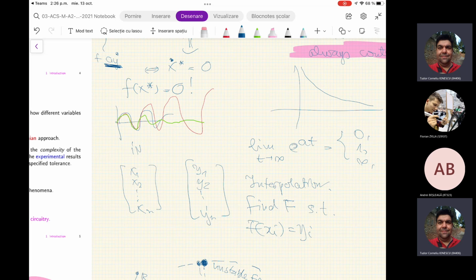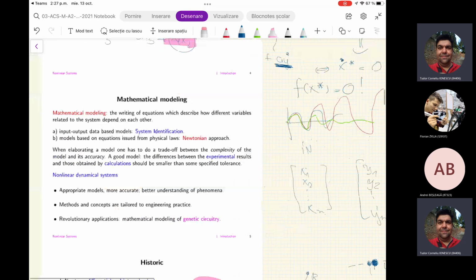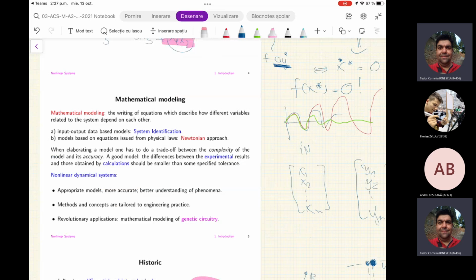And based on this, there are algorithms to compute mathematical models based on such an approach. However, for the time being, we restrict ourselves to Newtonian-based modeling, in the sense of writing conservation laws and motion laws, and from these laws to gather the differential equations, emphasizing the dynamics of the system.